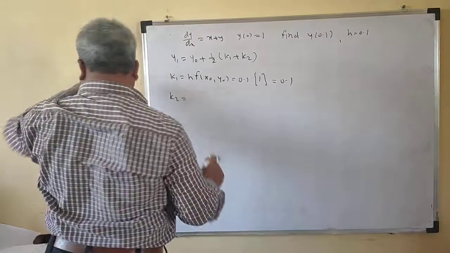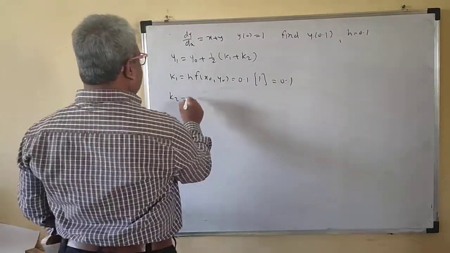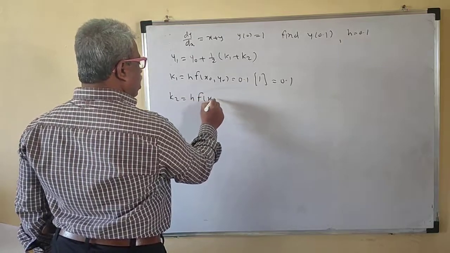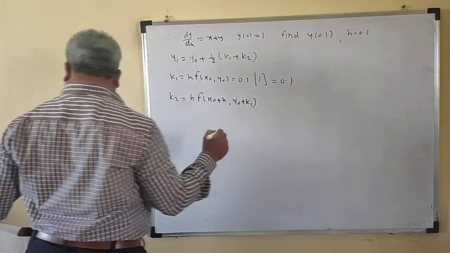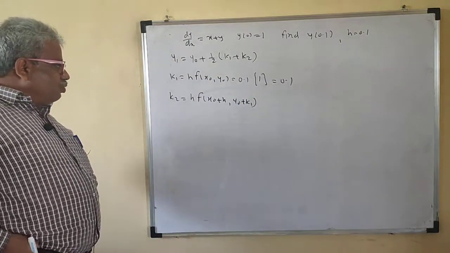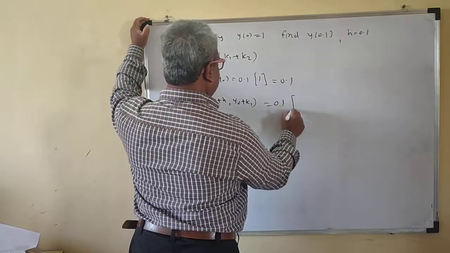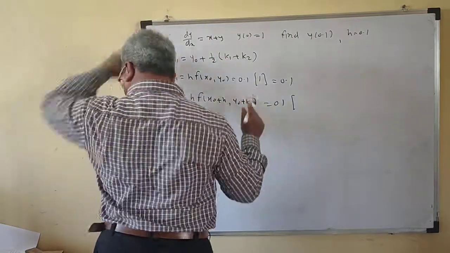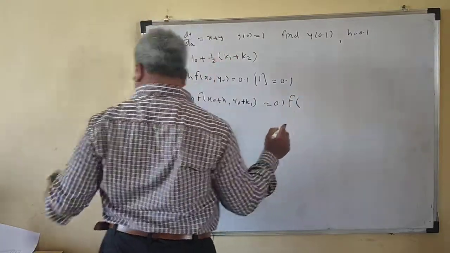The formula for k2 is h f of x0 plus h, y0 plus k1. H is 0.1. First we'll write x0, simplify this, and then take the sum.